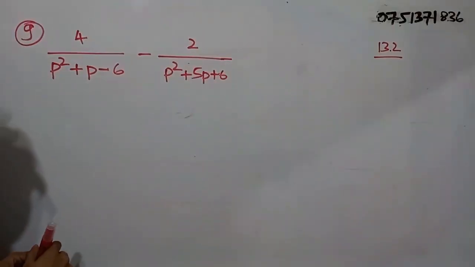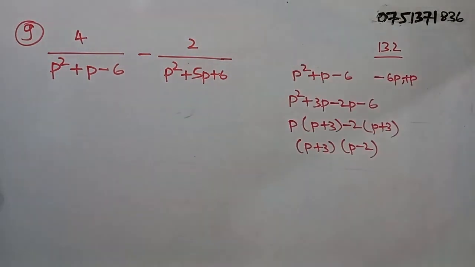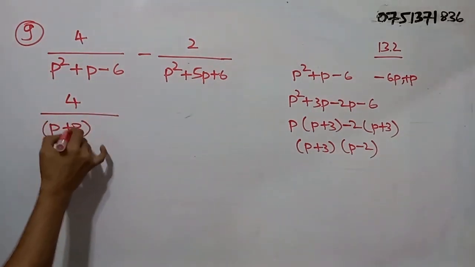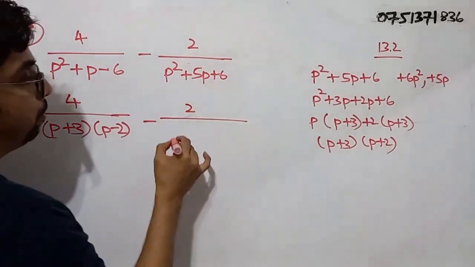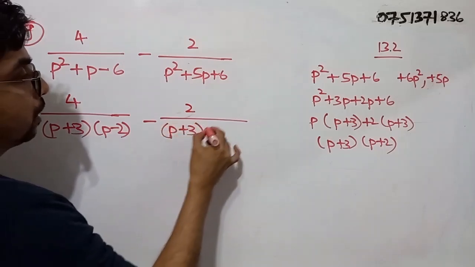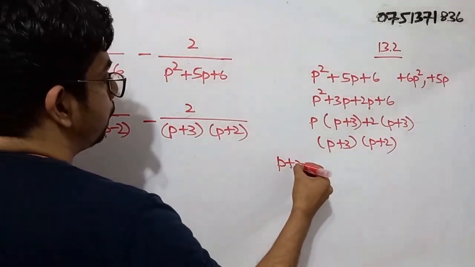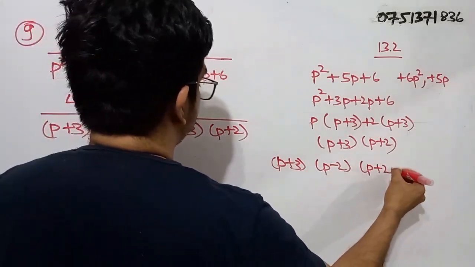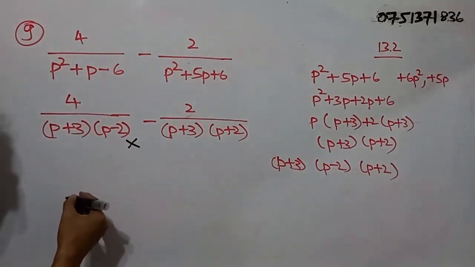Right. So the next expression. So we have to factorize these two quadratic expressions. So that means this should be what? 4 divided by p plus 3 and p minus 2. So that means 2 divided by p plus 3, p plus 2. Okay, so what should be the least common denominator? It should be p plus 3, p minus 2, p plus 2. So that means these two expressions need to be multiplied by what?